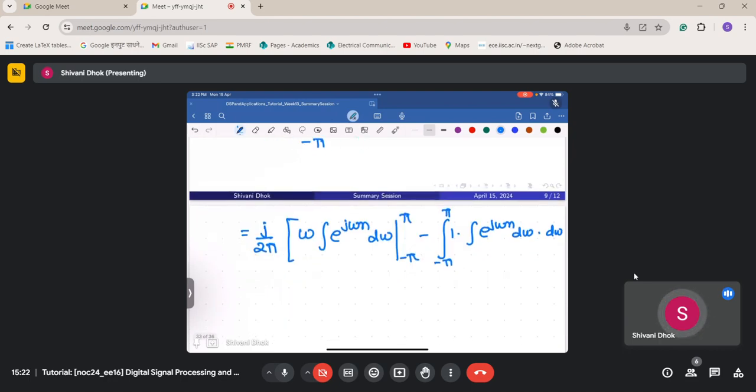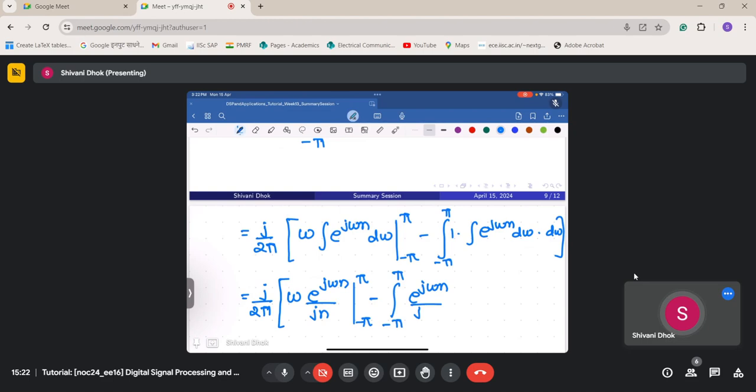So this comes out to be equal to j upon 2 pi, omega into the integral of this thing, which is e power j omega n upon j n, from minus pi to pi, minus integral from minus pi to pi of e power j omega n upon j n d omega.